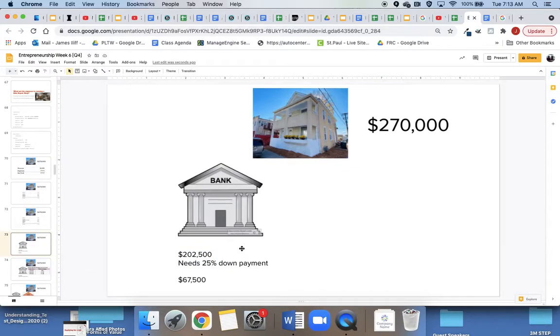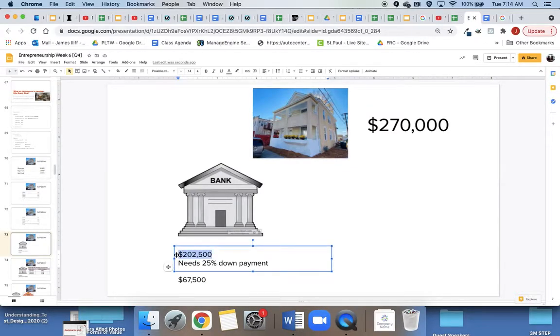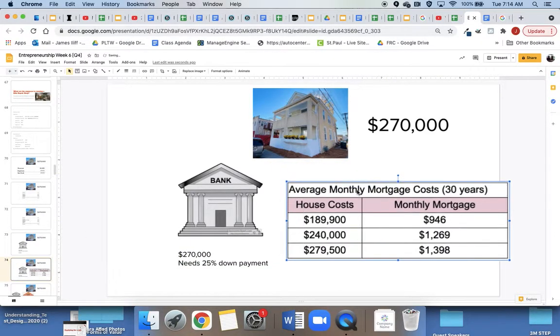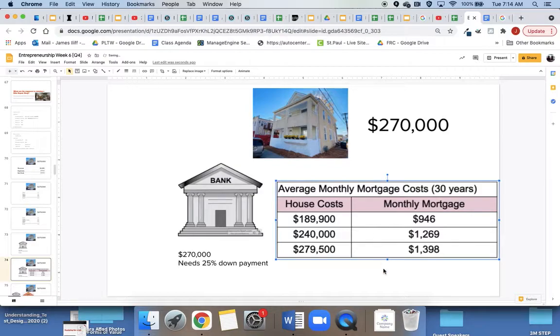Well, okay, now when they loan us this money, they're going to want a monthly payback, right? So we can pay it down. Here is a monthly payback schedule. So if we say the loan cost, sorry, this should not be house cost, if we say the loan cost is $189,900, so $189,000, our monthly mortgage is going to be $946.